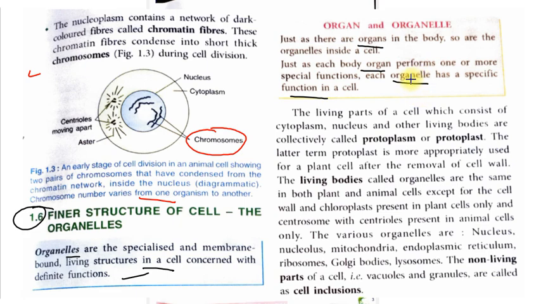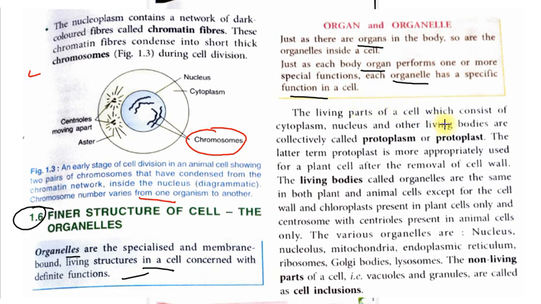The organs like brain, heart, lungs, kidneys in our body perform different types of functions.